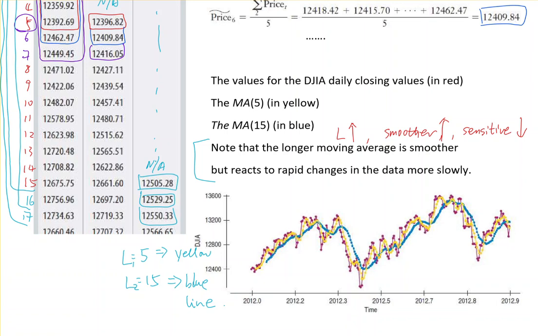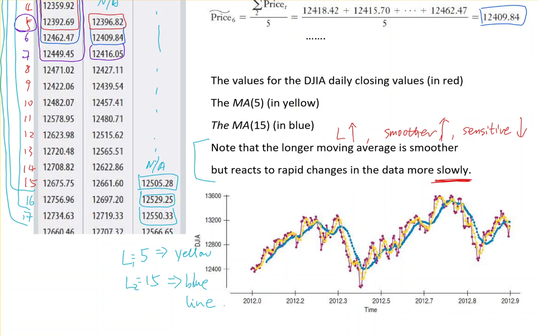Right, it will react to the rapid changes in the data more slowly, because it depends on 15 of them, not just one of them.